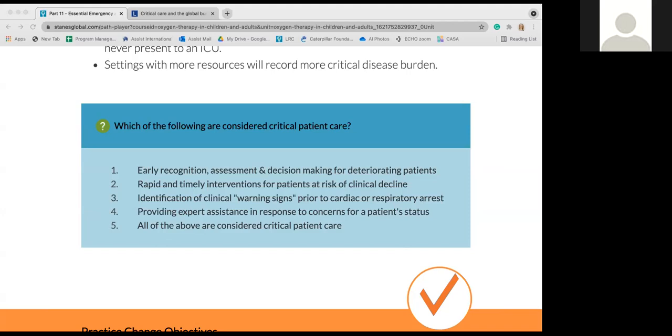And sometimes they are called to transfer patients from one hospital to another. You may also be involved in a quality improvement to design systems for early warning signs, for example. So think about that. But the right answer is number 5. All the above are considered critical patient care. So let's go to the next slide.